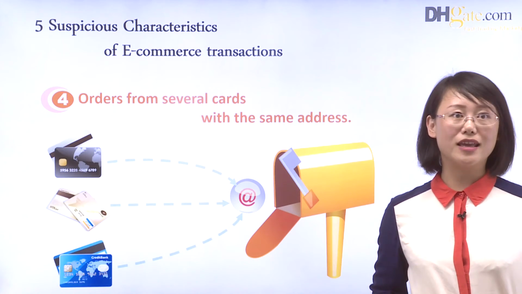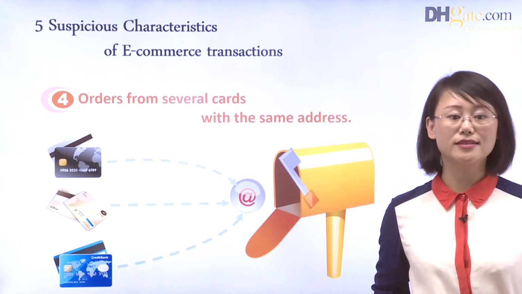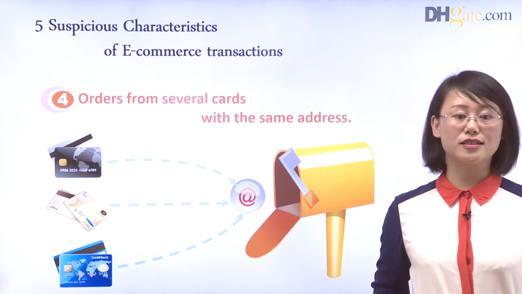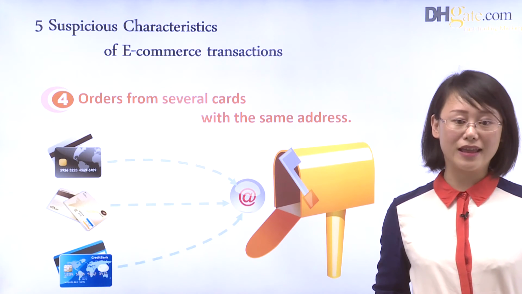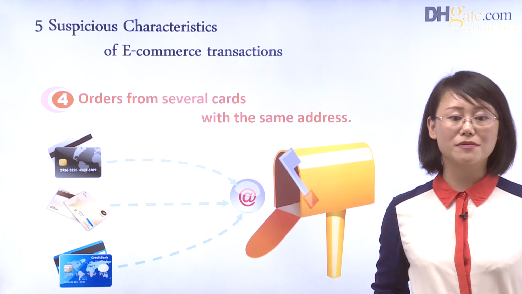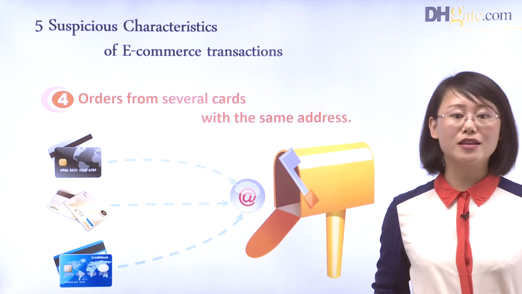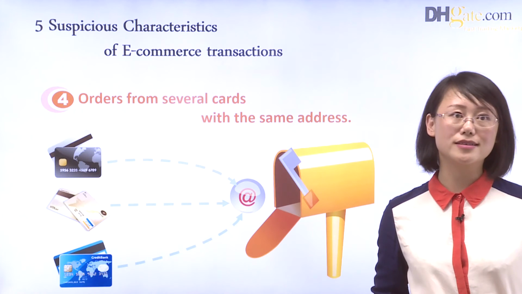The fourth one is orders from several cards with the same address. Multiple transactions involving cards with the same billing or shipping address may indicate that criminals are using several stolen cards at once.